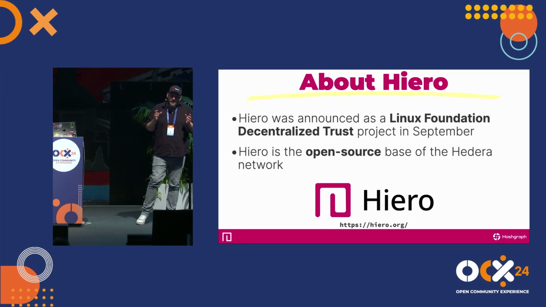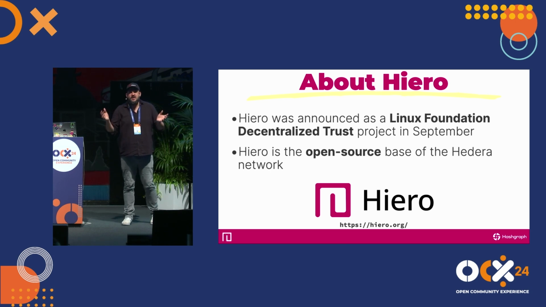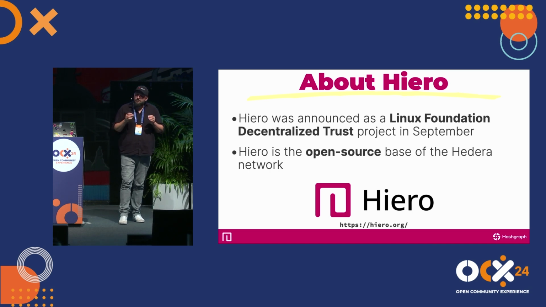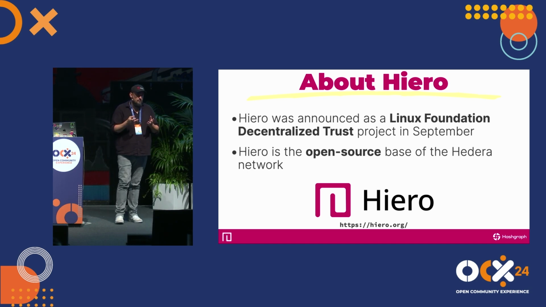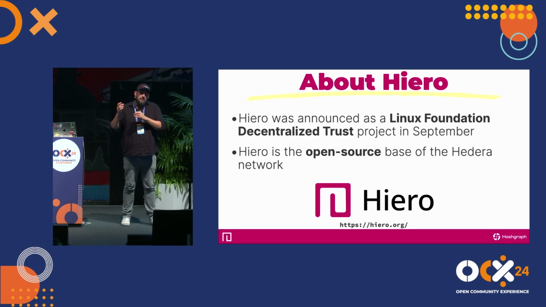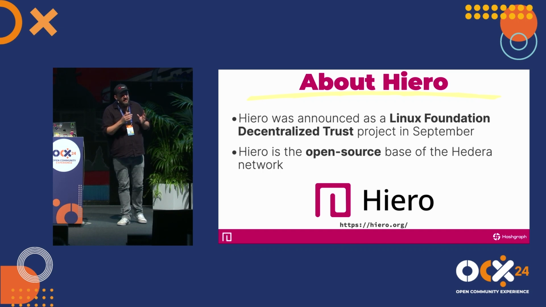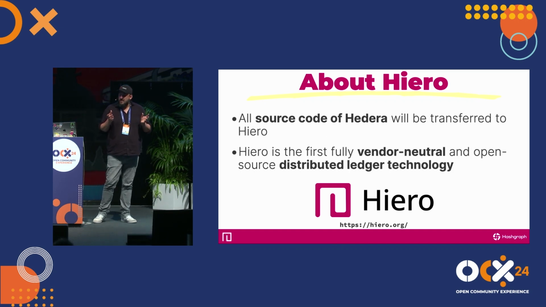Because the Linux Foundation in September created the Linux Foundation Decentralized Trust, which is a kind of working group for all decentralized trust ledger technologies. And one of the big projects of that working group is Hiero, which is the source of the Hedera network. So Hedera has transferred all the sources to the Linux Foundation to make the source of the Hedera network vendor neutral.